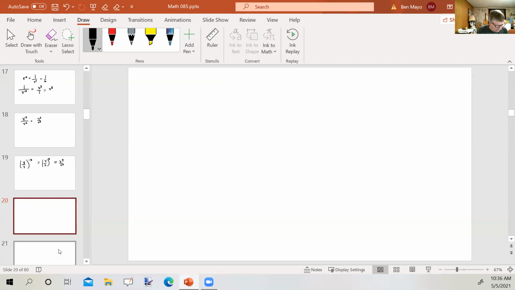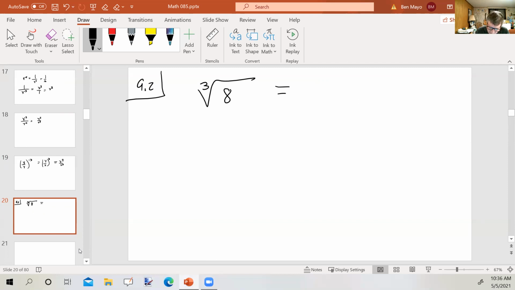But now we're going to move on to section 9.2. All right, we've been studying radicals. Let's say we have the cube root of 8. Okay, I can rewrite this radical expression in exponential form.